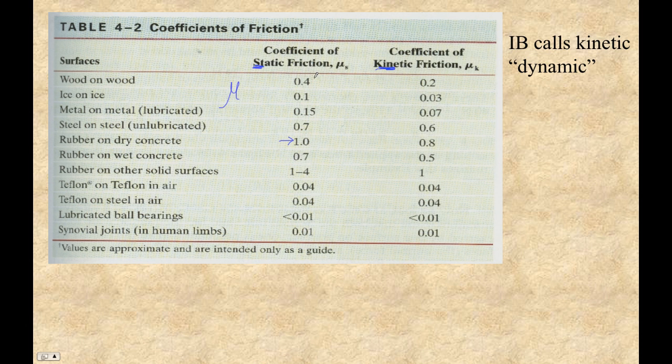Notice that there are 2 columns, and that's because this is the friction needed to start something moving. This is the friction needed to keep it going, for dynamic, for it to slide. These things tend to be less. That is, if you push on some object and make a force versus time diagram here, you tend to push harder and harder, and suddenly it'll slide and the friction will drop down like that.